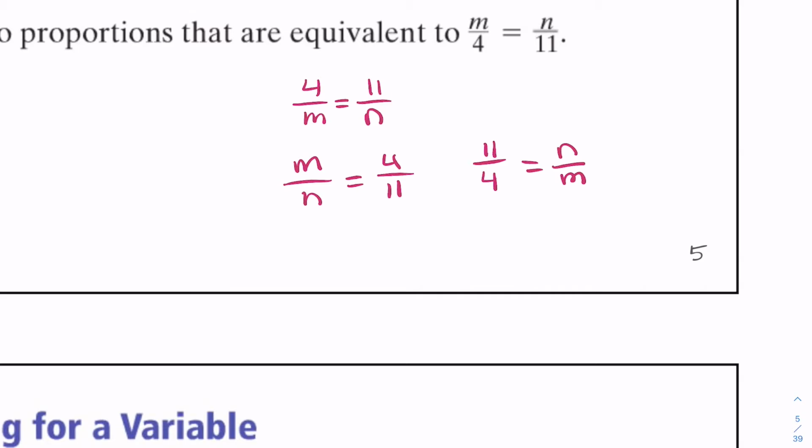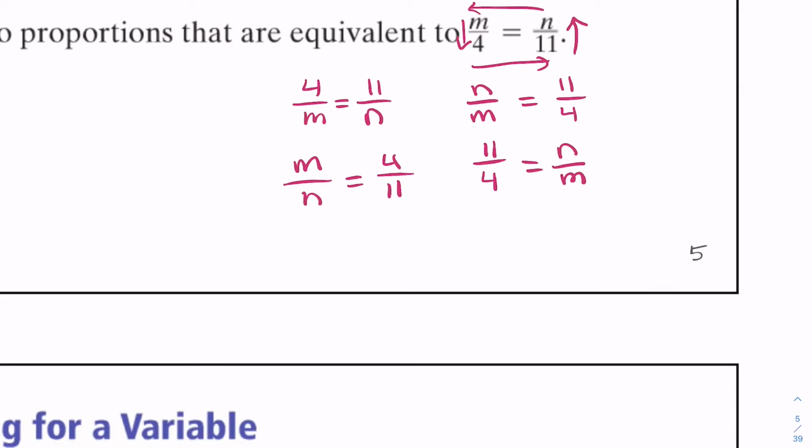You know what we can do too, this is crazy, but we can actually rotate these items for the last one. You can write it like this. You can move m down, you can move 4 over, you can move 11 up, and you can move n over to the left.